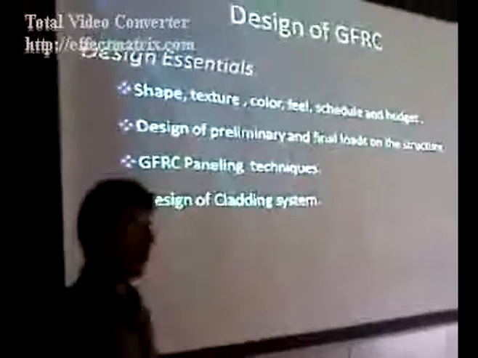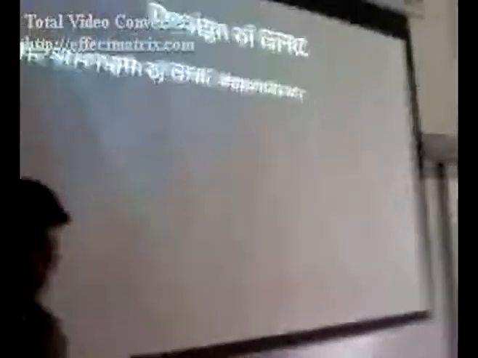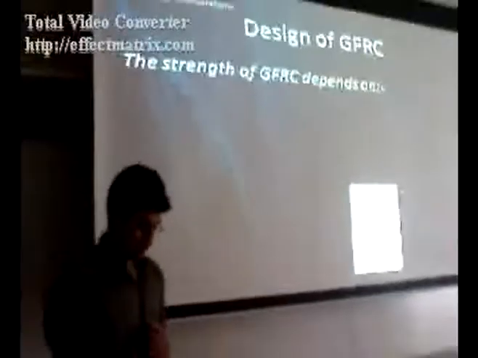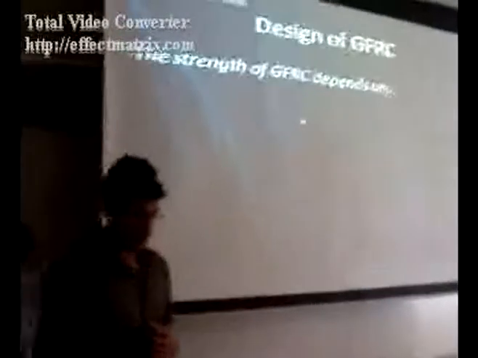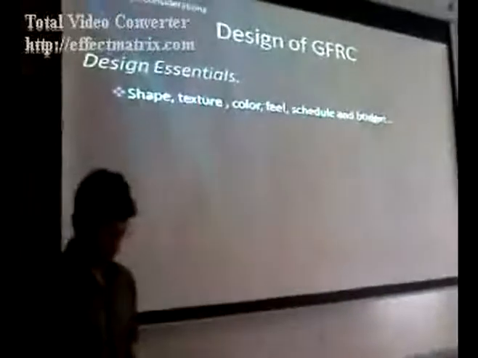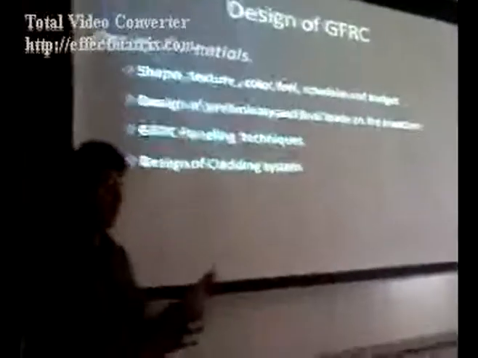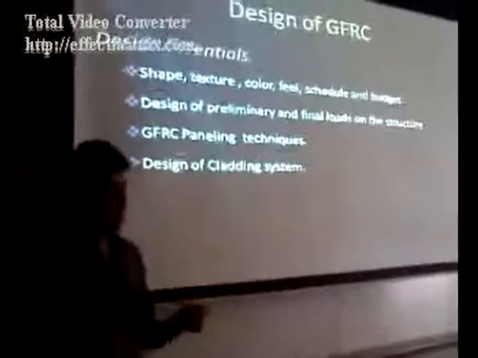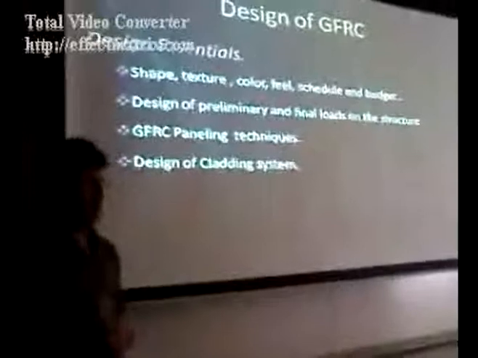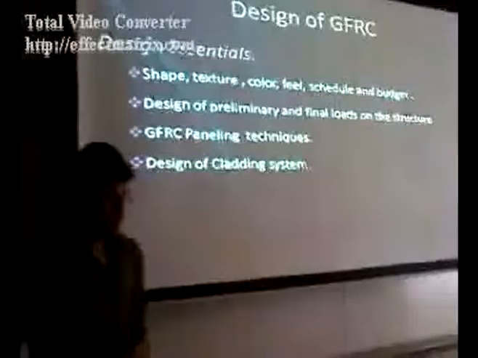If there are gravity loads or wind loads, they are calculated and put onto the building to see where the critical panels are and everything. GFRC paneling techniques, what kind of techniques would I want, design planning system.